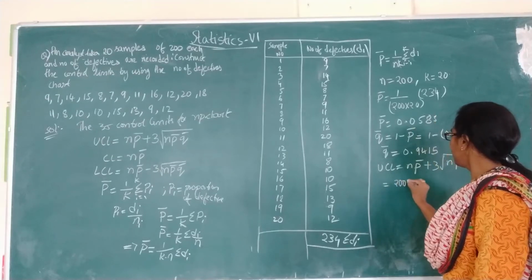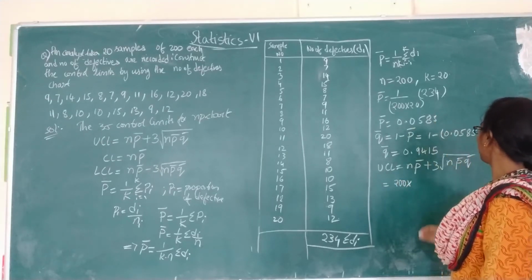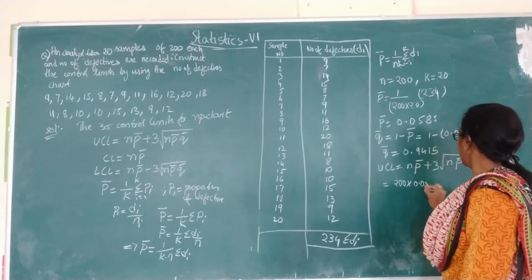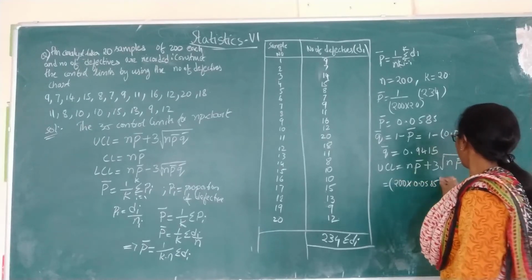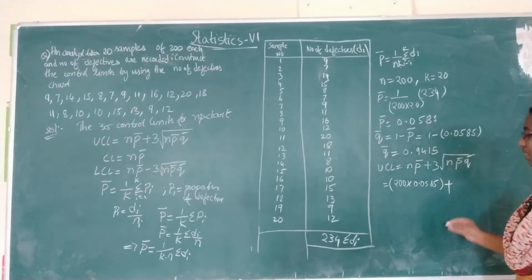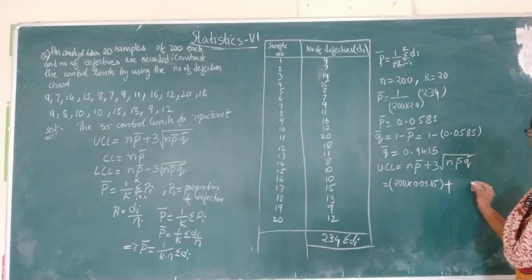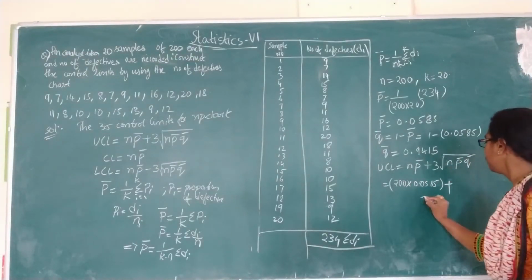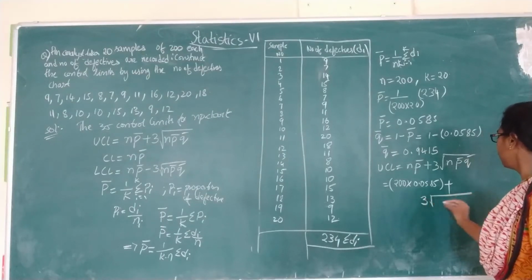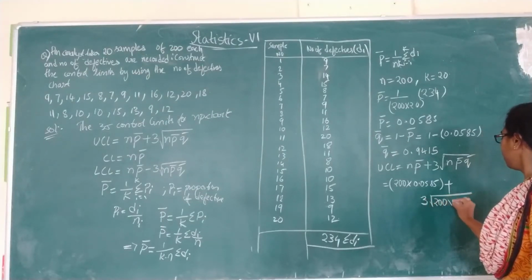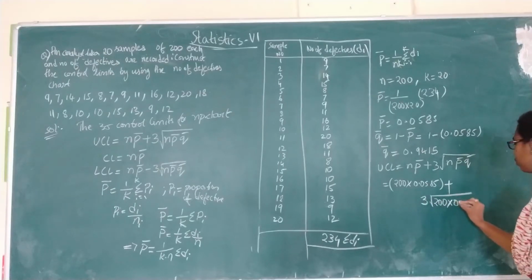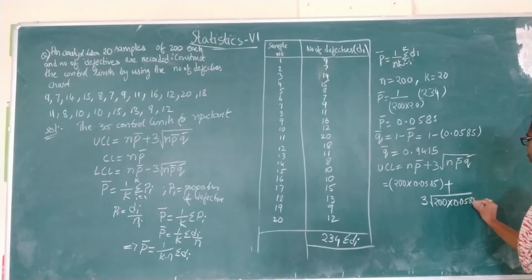So 200 into P bar value 0.0585 plus 3 into, I am writing in the next line because it may not be visible, 3 into under root 200 into P bar value 0.0585 into Q bar value 0.9415. Now find out this value.